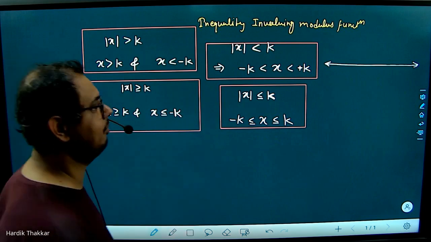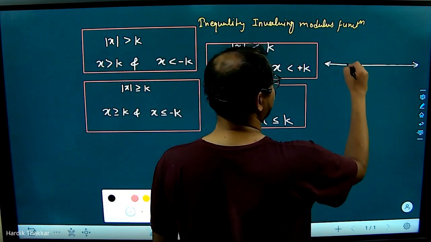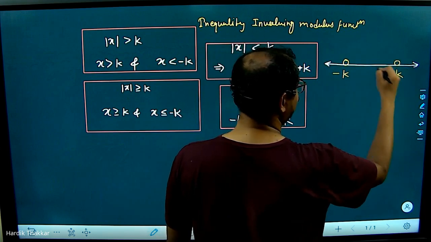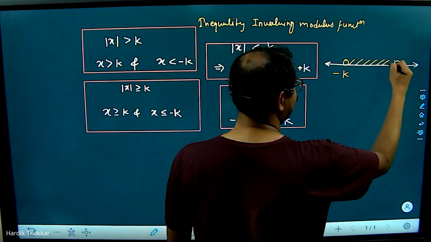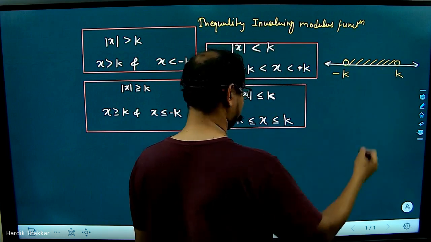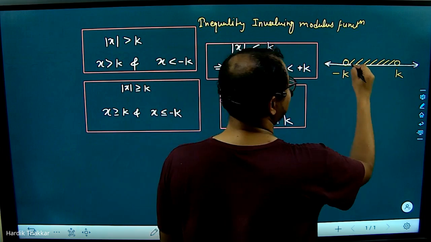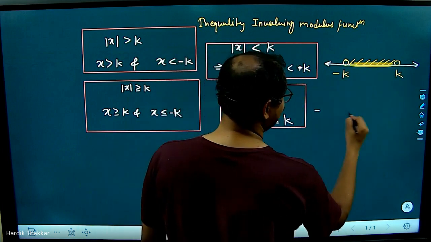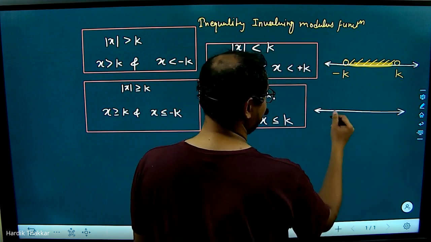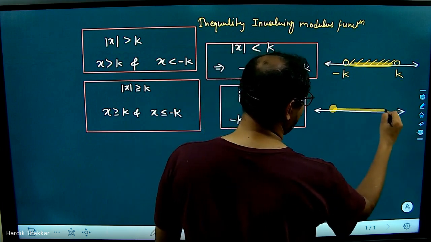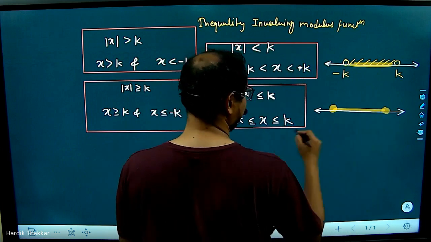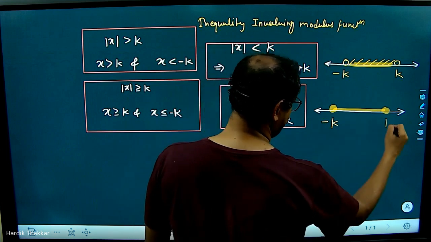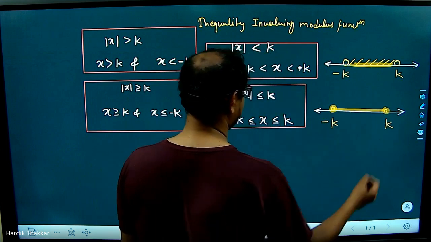In the first case, x is in between minus k to plus k. All the region in this number line which I have shaded will be considered the solution region, excluding k and minus k. Whereas in the next case, all the region including k and minus k will be considered the solution of this inequality.